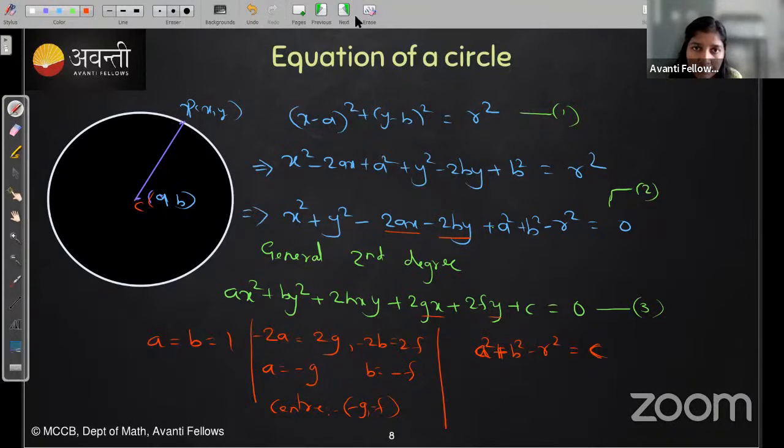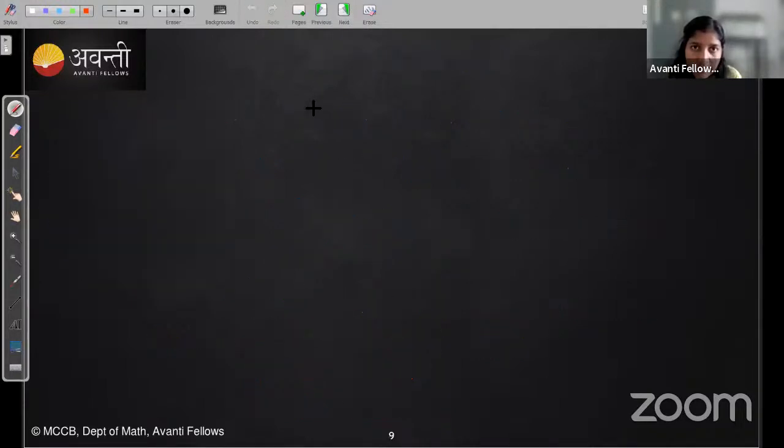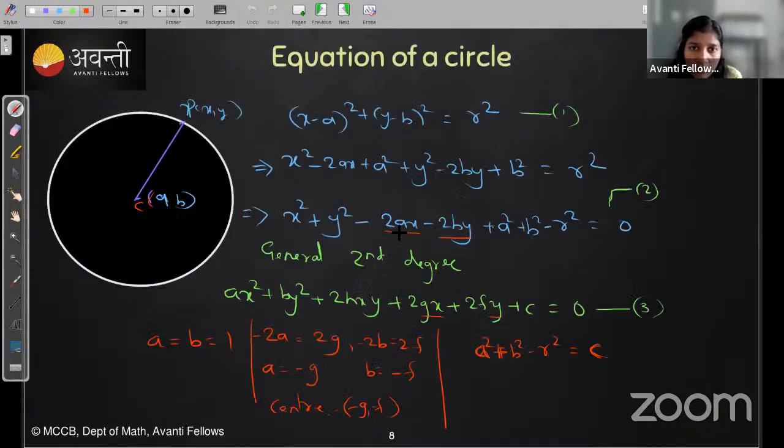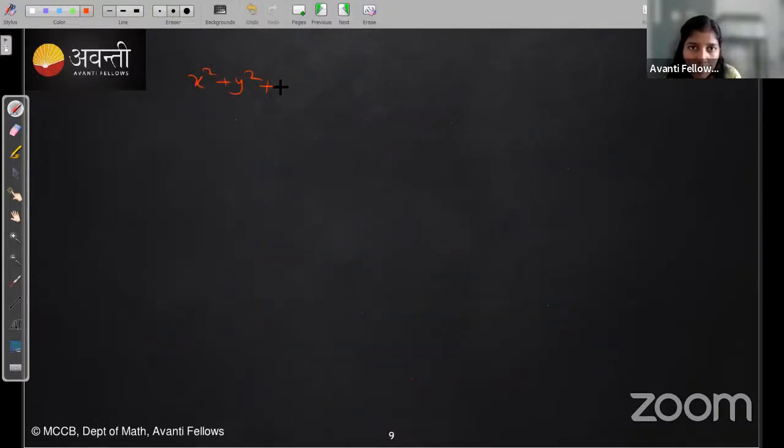What will we get next? When we substitute, we will get x square plus y square. Here you can observe it is minus 2ax. In the place of a, I'm substituting minus g. So it's going to be plus 2gx plus 2fy plus c equal to 0.